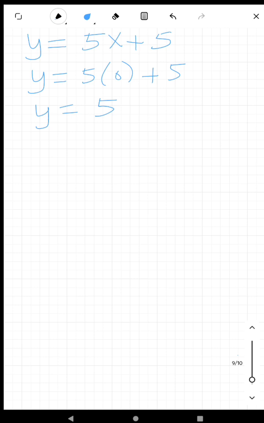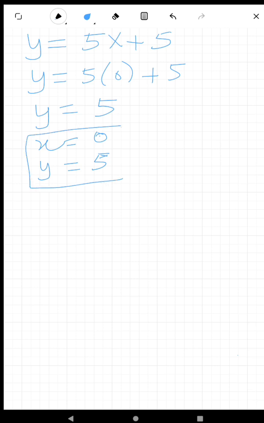We already know that before, because when x is 0, we have the y-axis intercept. Y is 5. So we already knew that one before, but just to fulfill all righteousness, we have x is 0, y is 5.